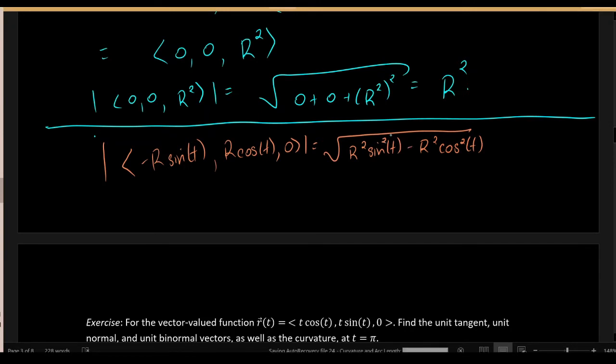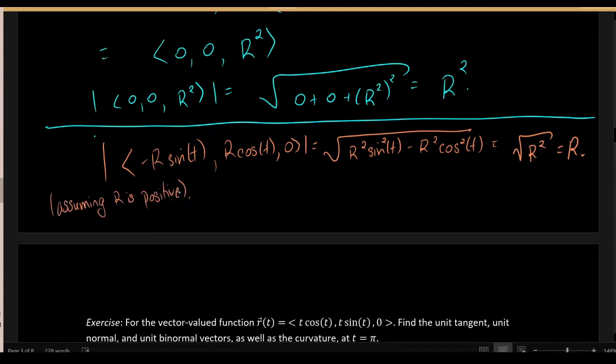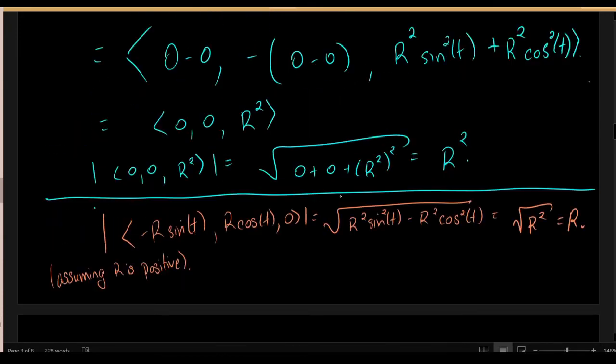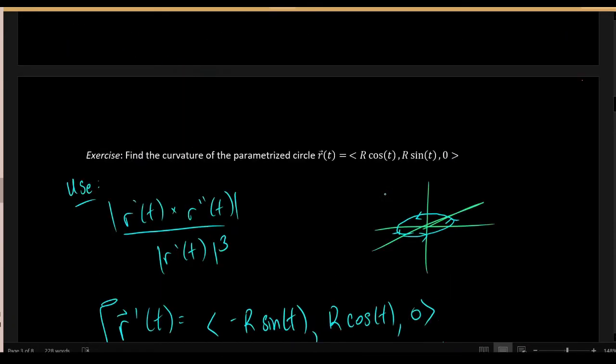And then 0 squared doesn't do anything. So this is equal to the square root of r squared, which simplifies to r. And I am going to make the assumption that r is positive. If r was negative, then it would be the absolute value of r, but I just forgot to write it. I did have in mind that this r was supposed to be positive.